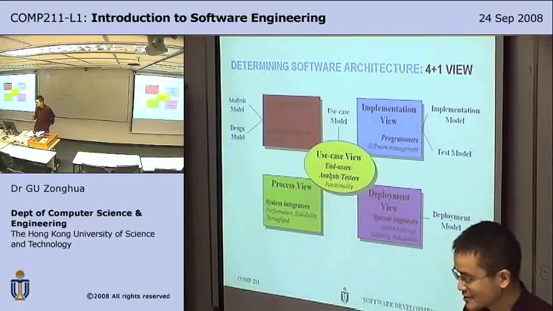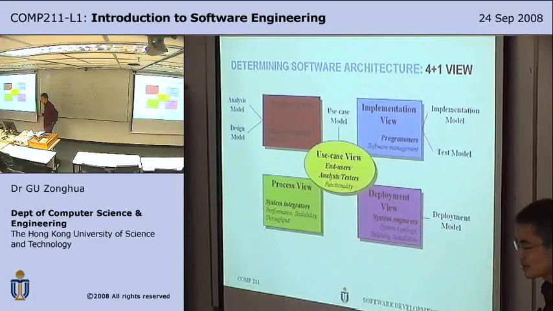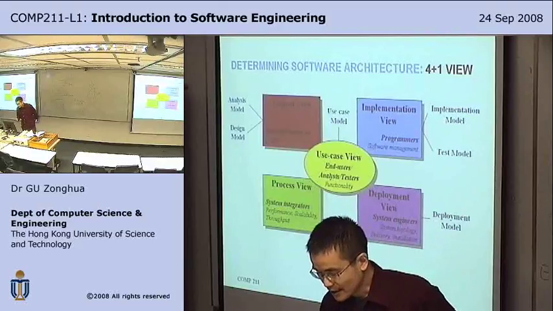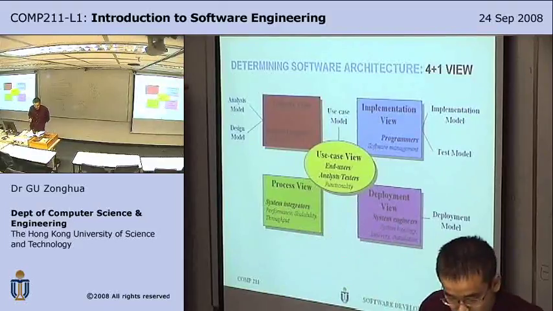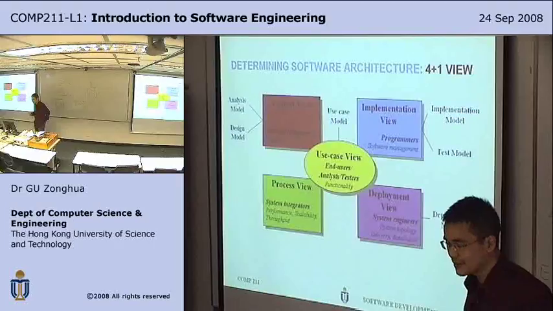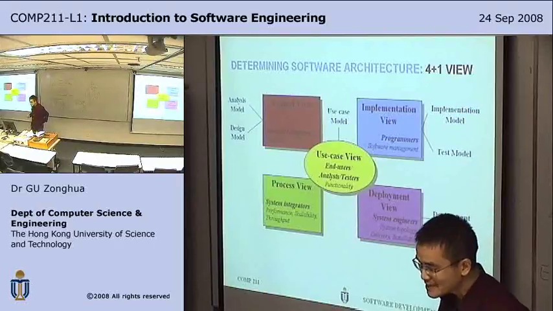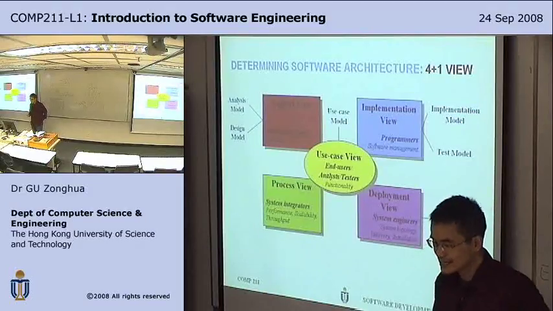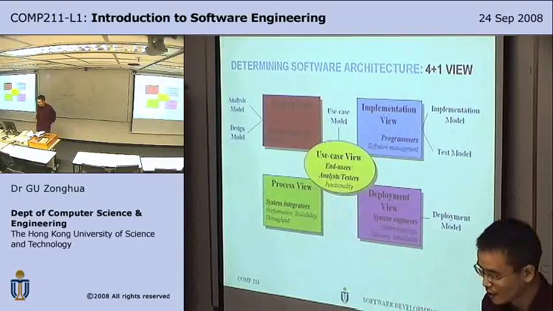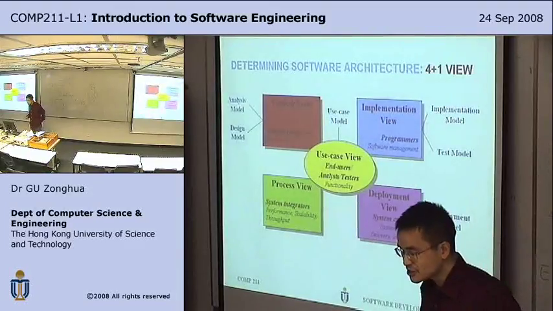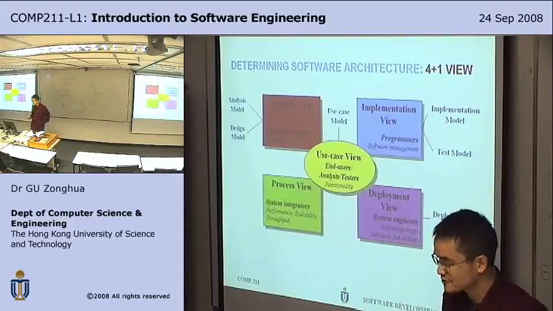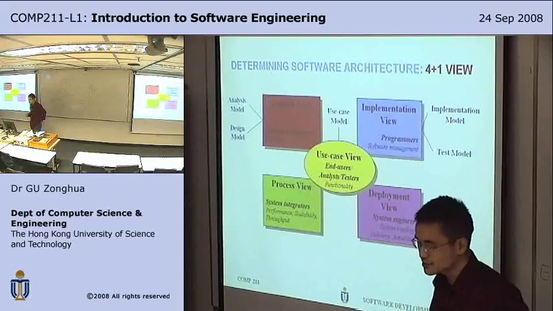It consists of the analysis model and design models, how the system is structured, all the class diagrams, the entities in the system and how they're related. Implementation view consists of the implementation model and test model. These are interested in by the programmers and software engineers and project managers.